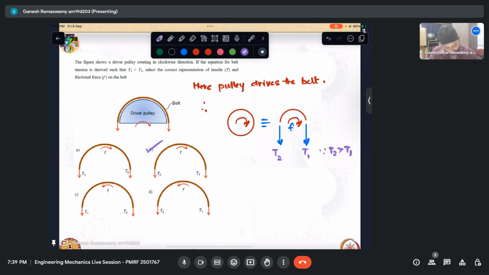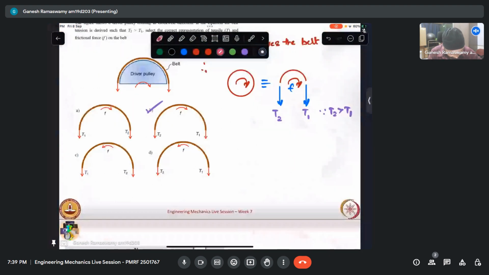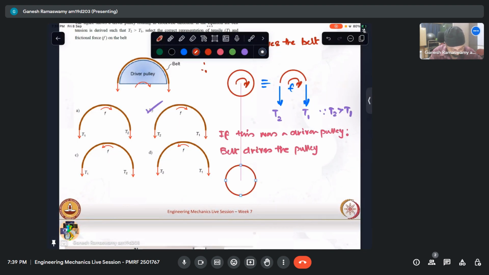Let us see if this was the driven pulley, then belt drives the pulley. So in such a case, I'll have a belt like that. It will have some tension naturally. And then I have the pulley like that.